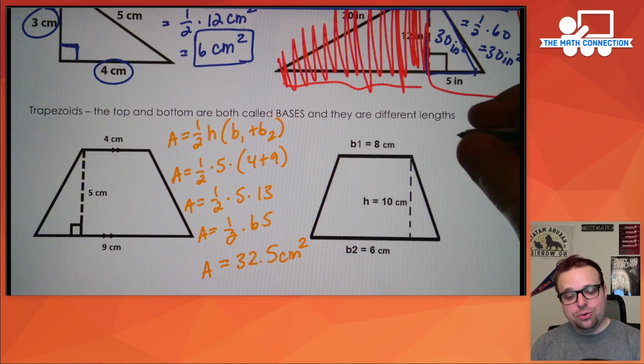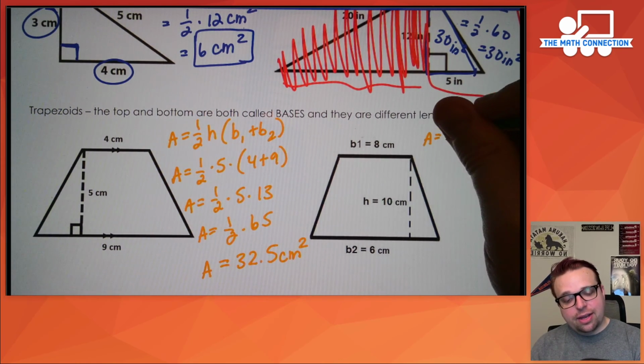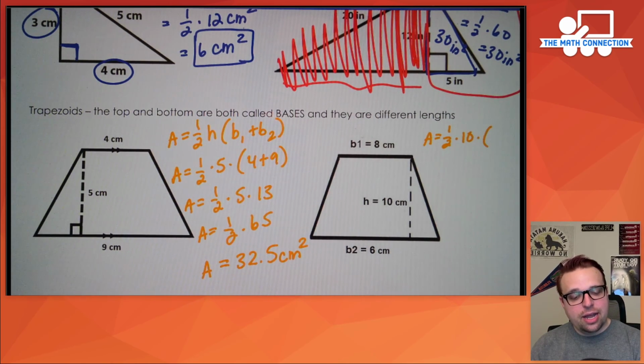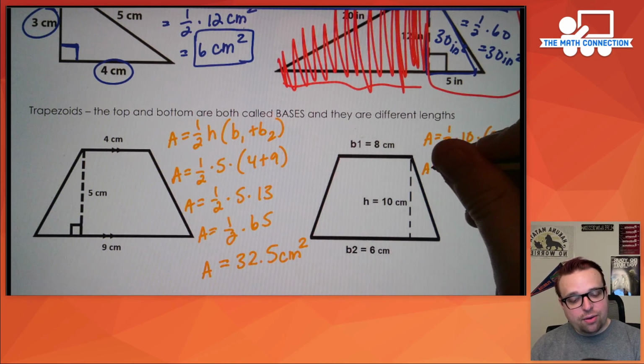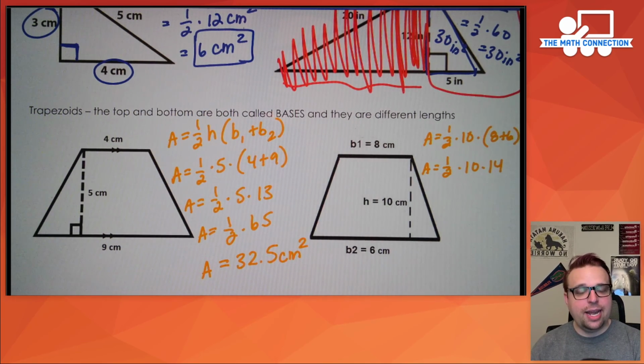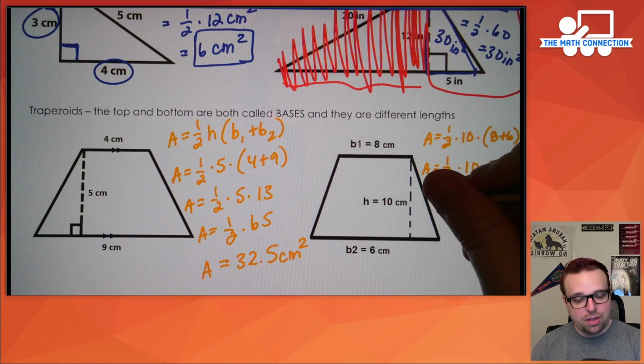Okay, so to do this area, it'll be 1/2 times the height, which is 10, times the addition of the two bases, so 8 plus 6. Okay, so that's area equals 1/2 times 10 times 14. 8 plus 6 makes 14.